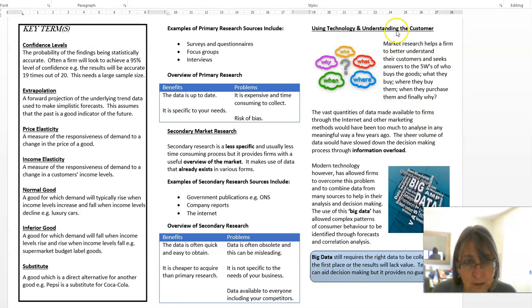Obviously, there are ways that we can use technology. Microsoft Forms are very good for collecting information. And next year we'll look a little bit at big data, but the point is that now we're able, in this day and age, to collect thousands or millions of pieces of data from people even without them knowing.